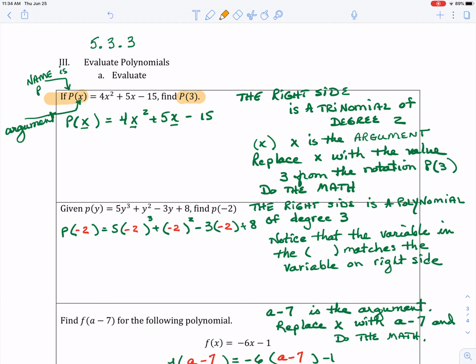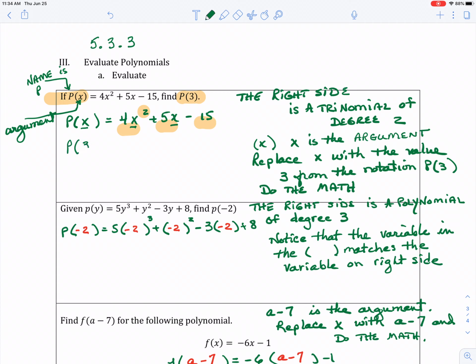So I've made a couple of notes out here. When we look at the right side of this polynomial function, we can see that it's got 3 terms, so it's a trinomial of degree 2. 1, 2, 3 terms. Highest degree is 2. X is the argument. So the next line will look like this.